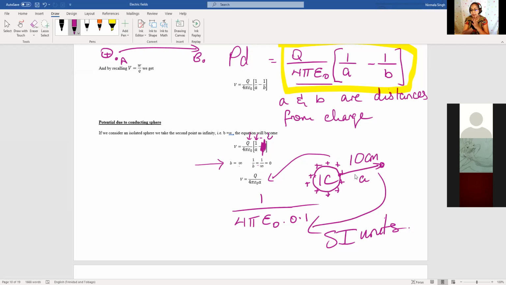If I want to know what is the potential difference from the very surface of my sphere to some distance away, all you have to do is plug in your charge and divide it out by your distance. It's a very simple equation. Well, it's a simple usage of the equation. So you can see how one equation leads into the next.